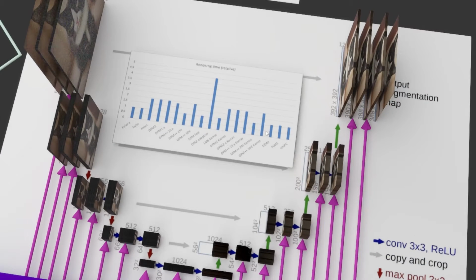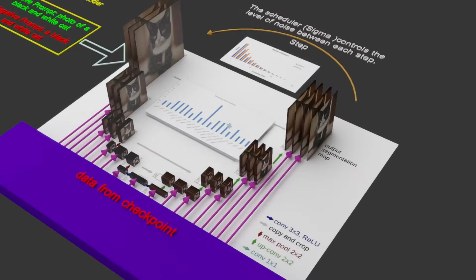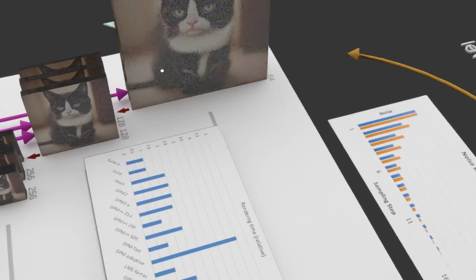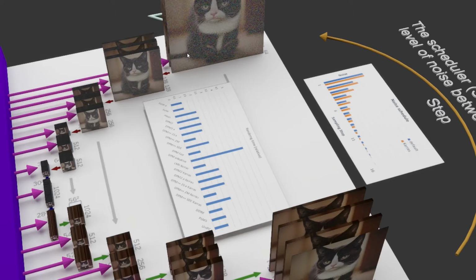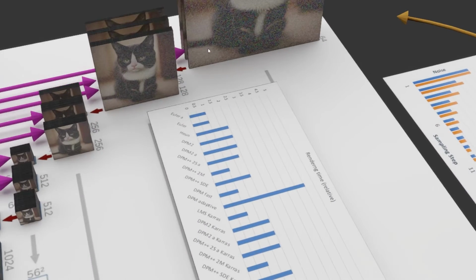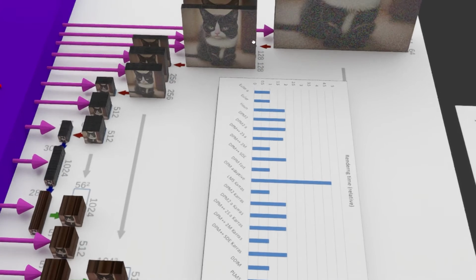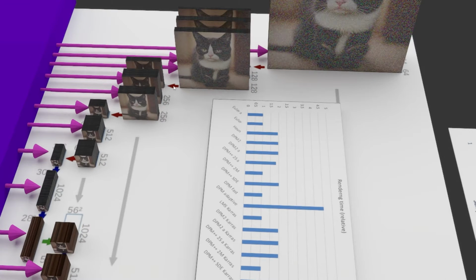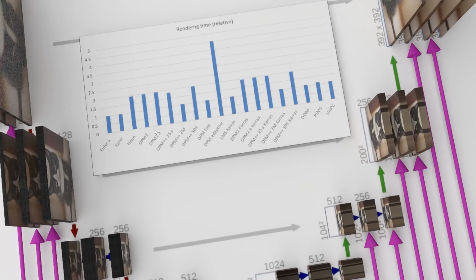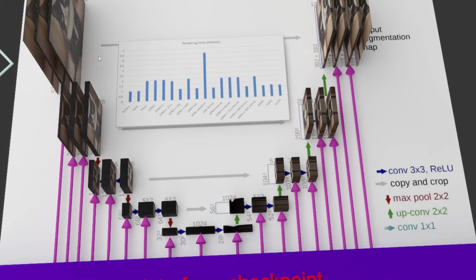Actually, inside the Unet we are doing many different processes for converting noise to the image, and some things happen between different levels exactly inside the Unet, and samplers are controlling the inside of the Unet.